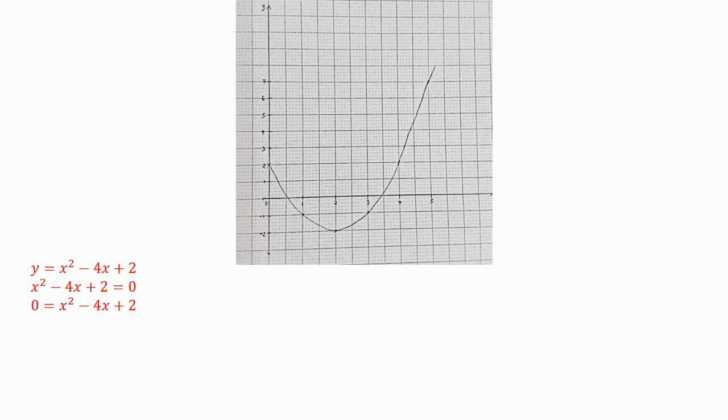Then, in order to know where the points of interest lie, we subtract the two equations. So y - 0, that is the values on the left hand side of the two equations, is equal to x² - 4x + 2 minus (x² - 4x + 2), because they are the same on the right hand side.